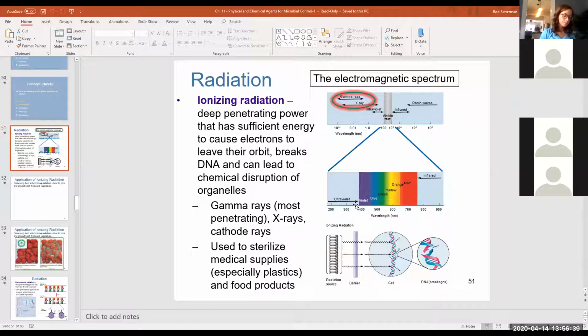So when we talk about UV, which was described in this chapter as a form of energy that one could use to treat inanimate objects, we talked a little bit about that earlier with regard to the video that you're going to be watching. This would be considered non-ionizing.